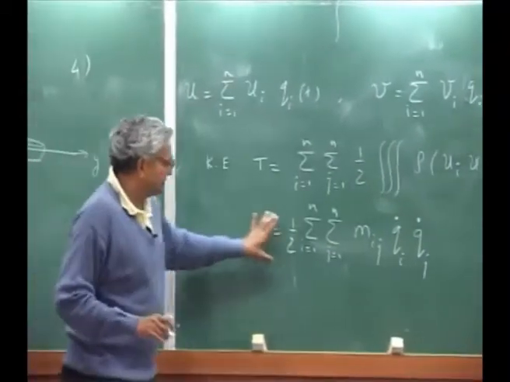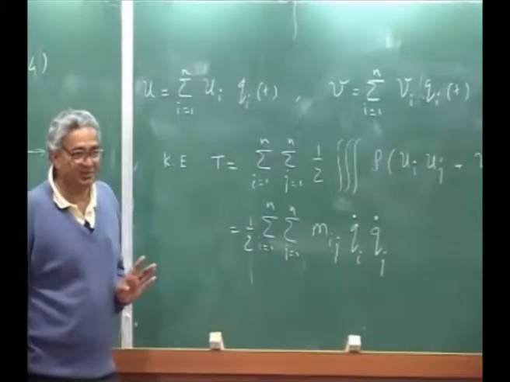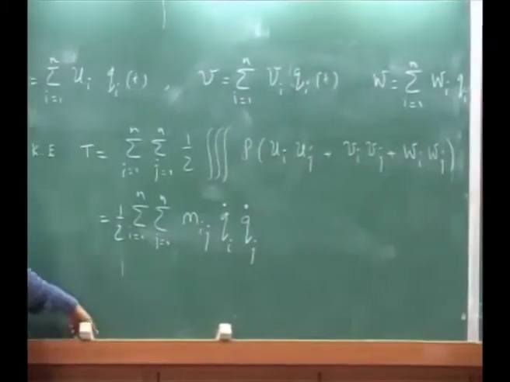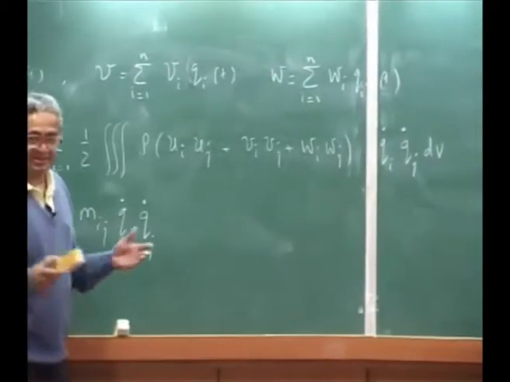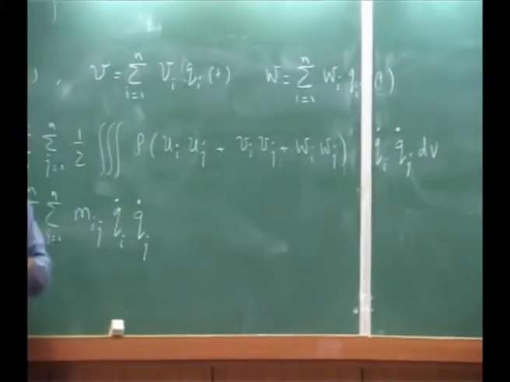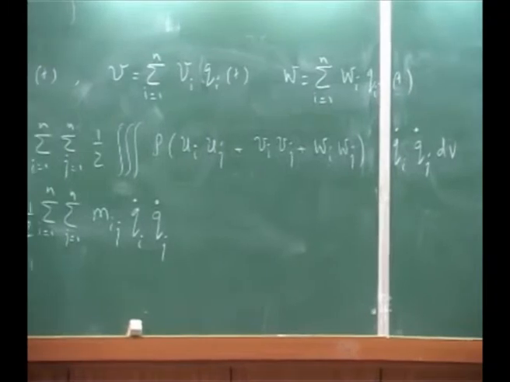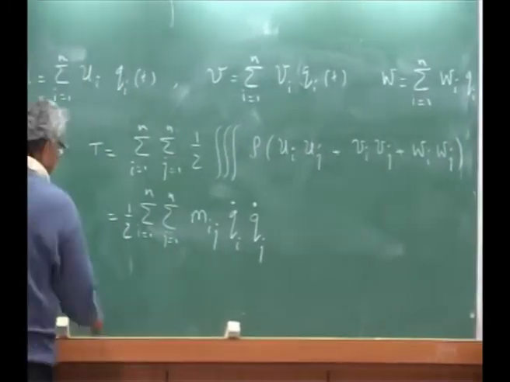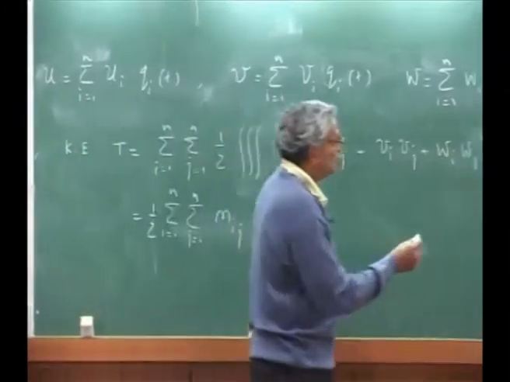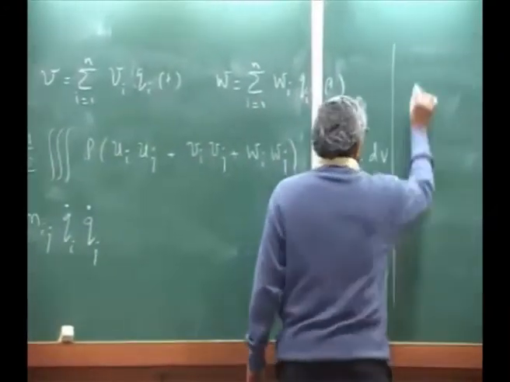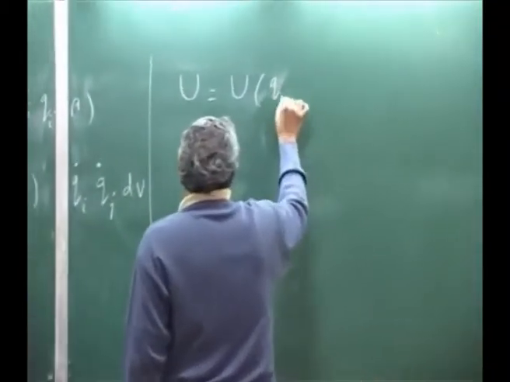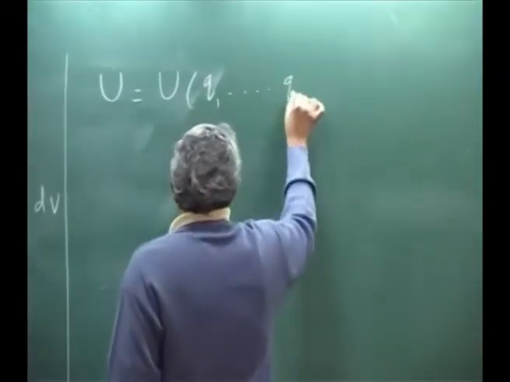Now you have the expression. Next you go and write the strain energy and then the external work. So you will write the strain energy expression; U will be a function of your q1 to qn.